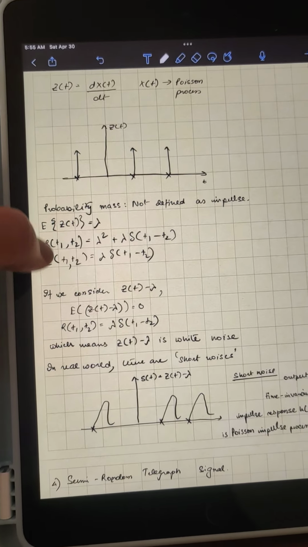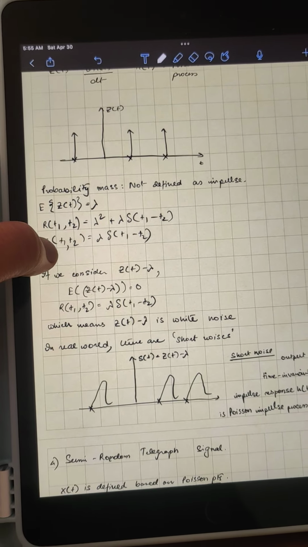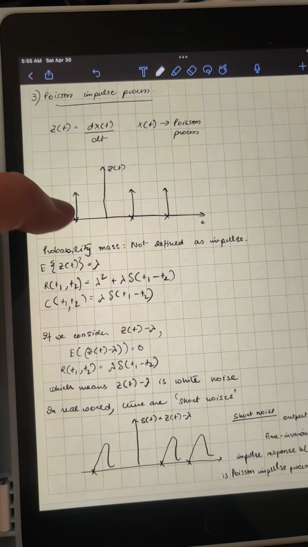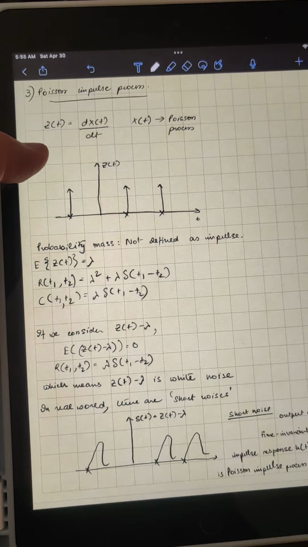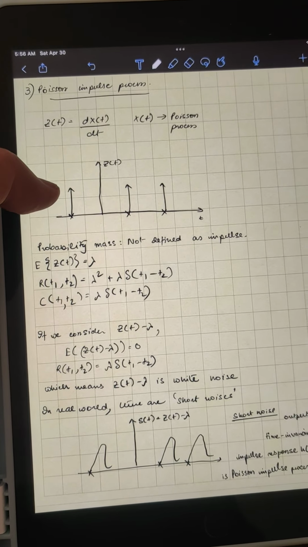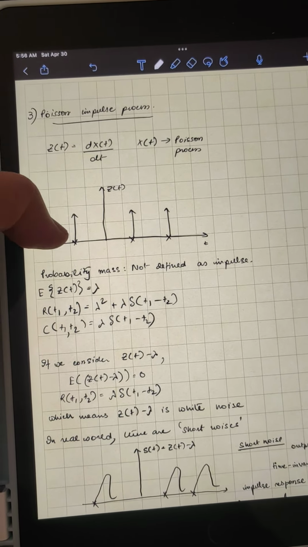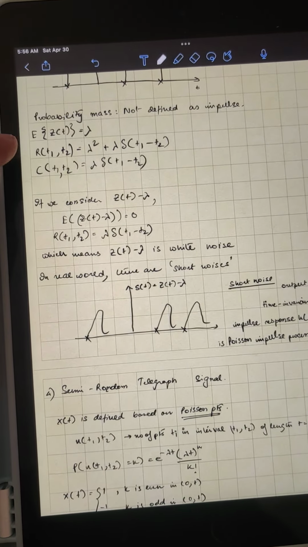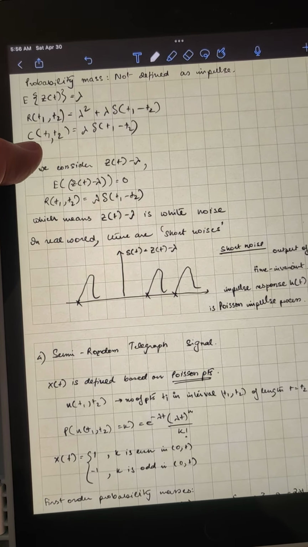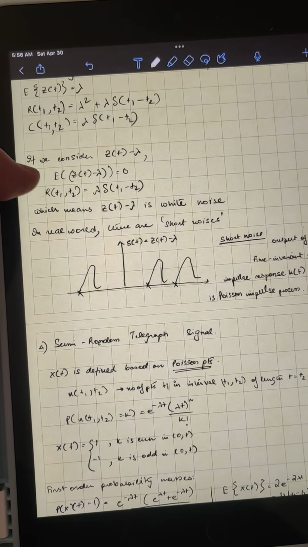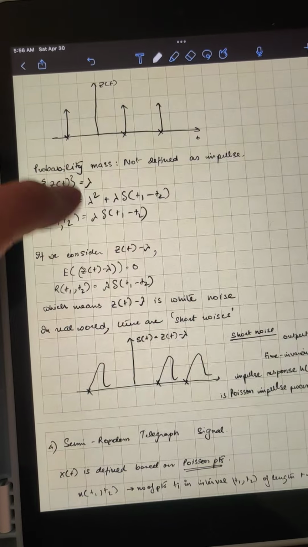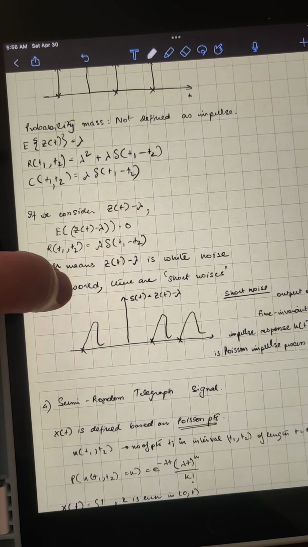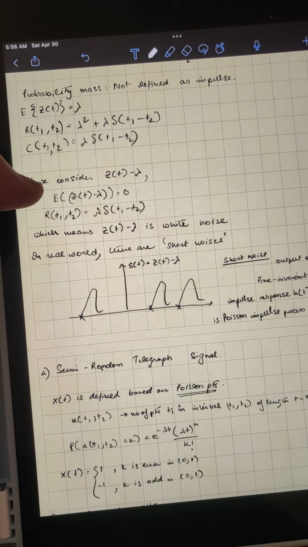As you can see, I've listed out the basic properties and definitions. This is the usual graph. These are impulses of the Poisson process. So basically, if you take derivatives, since Poisson process is almost like a step function, it comes out to be like impulses. And so if we consider this Poisson impulse process zt minus lambda, that has some interesting properties.